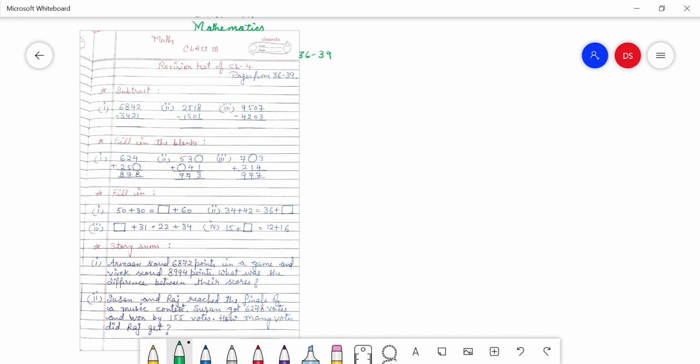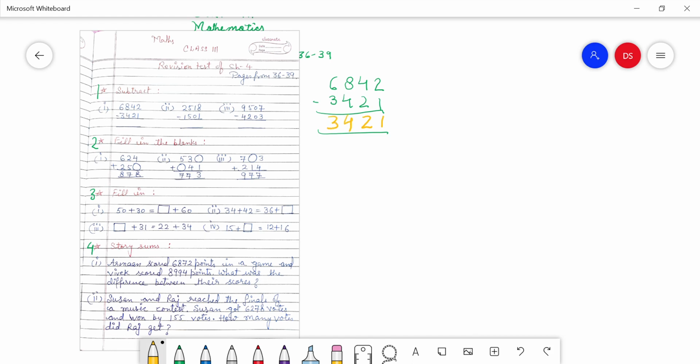The first part of the first question: 6842. We will subtract 3421 from it. This is 3421.